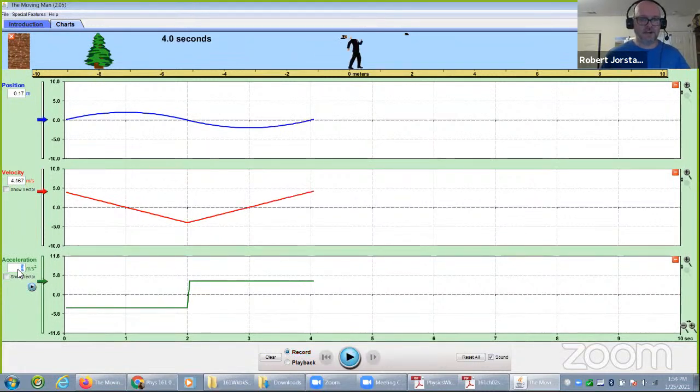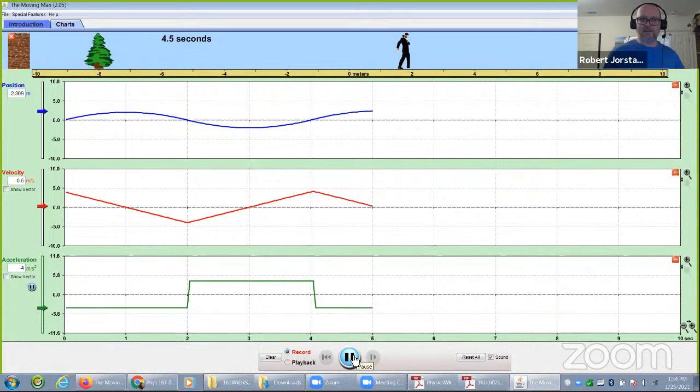All right, and now I could change this back to -4. And so what I'm showing you now is you could actually take a constant acceleration problem and split it into sections.